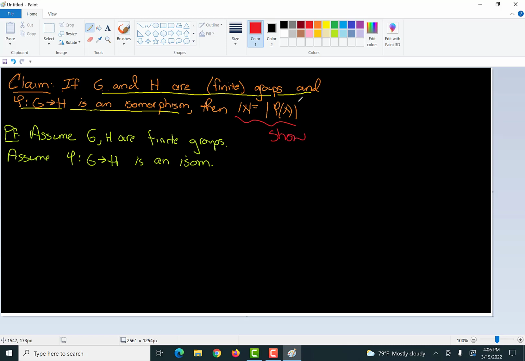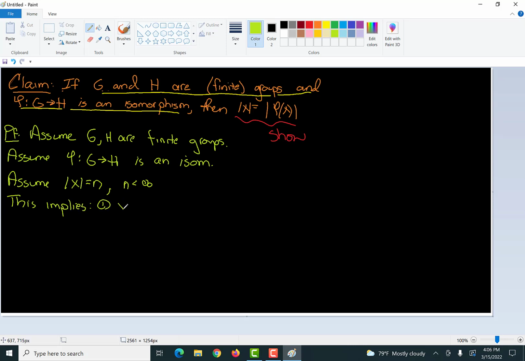So let's assume that the order of x is n. n is some finite number. So this implies two things. Let's squeeze the information out of the definition.